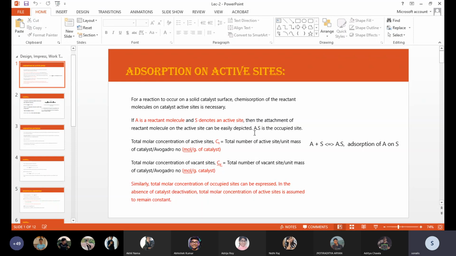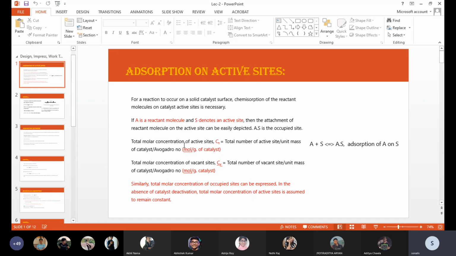S is occupied by A, so A dot S denotes the occupied site. A plus S gives us A dot S: adsorption of A on S, chemisorbed. This way we express the adsorbed site or occupied site.